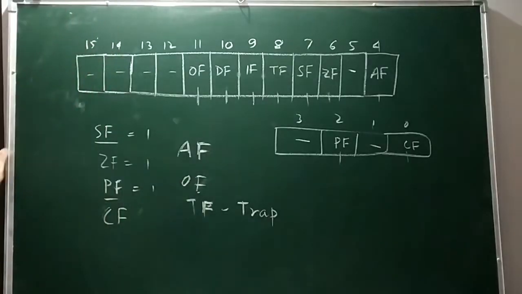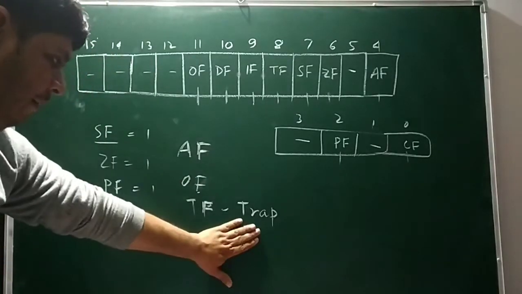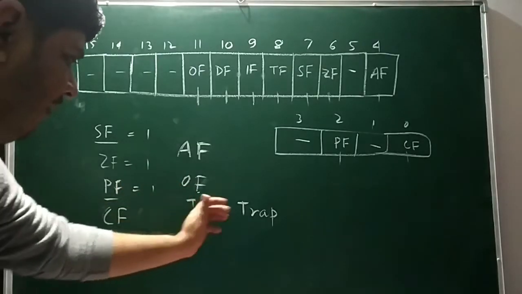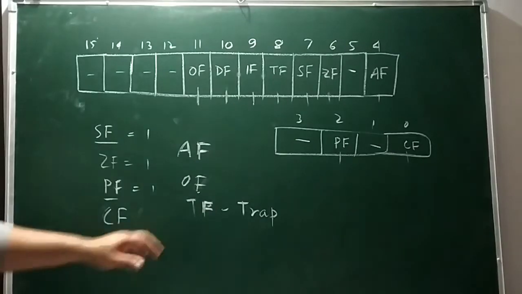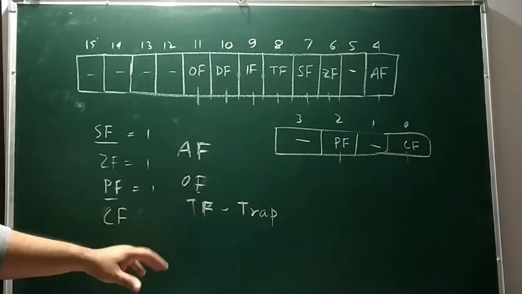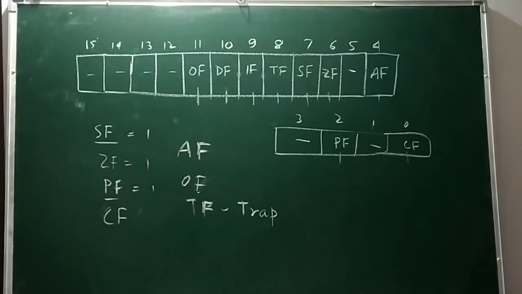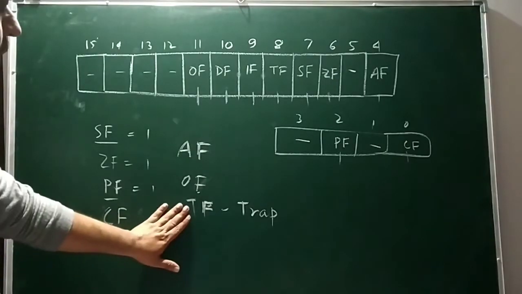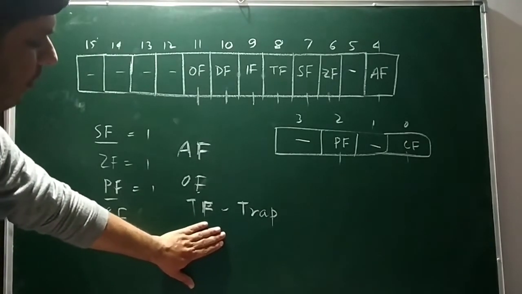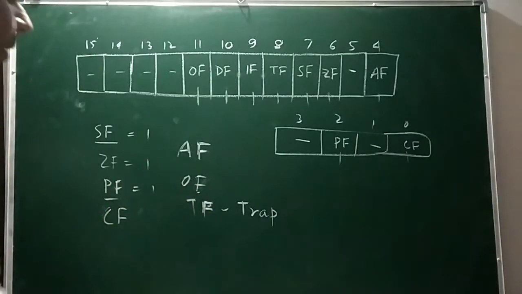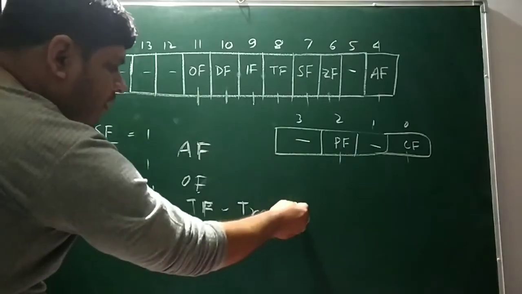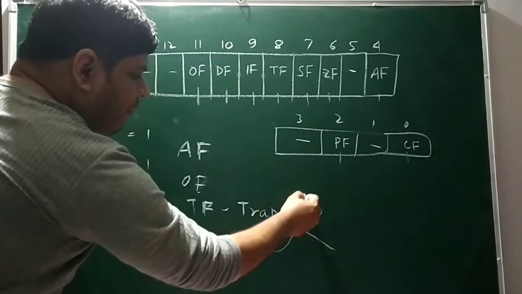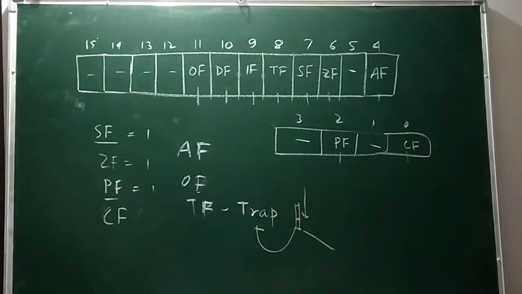Trap flag. So when this trap flag is set, the processor enters the single step execution mode. The processor executes the current instruction and the control is transferred to the trap interrupt service routine. Because trap interrupt is a very important interrupt. मतलब जब ट्रैप सिग्नल आएगा, जो ऑपरेशन तुम्हारा प्रोसेसर में था वो स्टॉप हो जाएगा, ट्रैप को देगा, ट्रैप एग्जीक्यूट हो जाने के बाद वो ऑपरेशन फिर से चालू हो जाएगा. ठीक है.